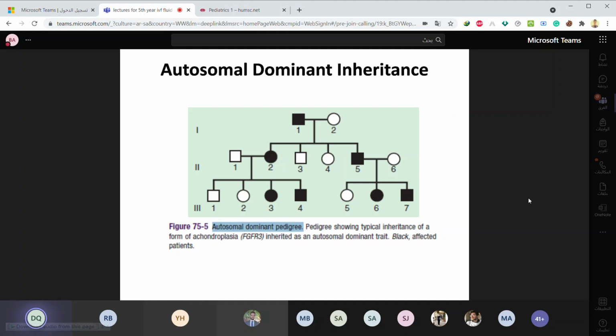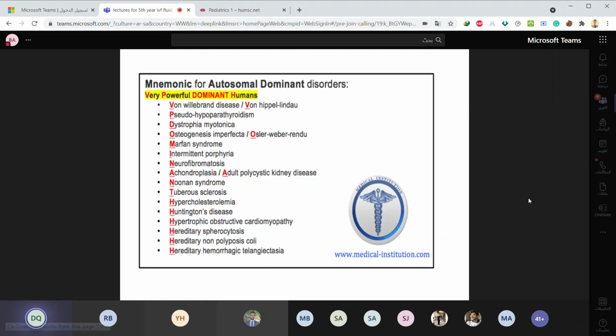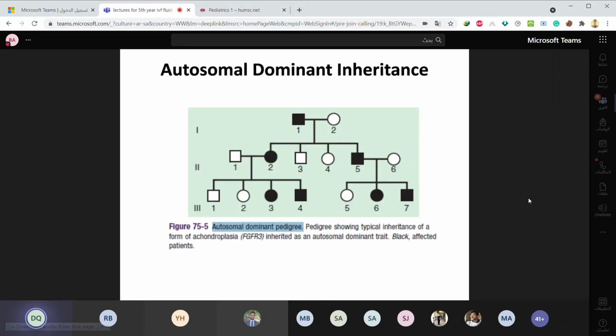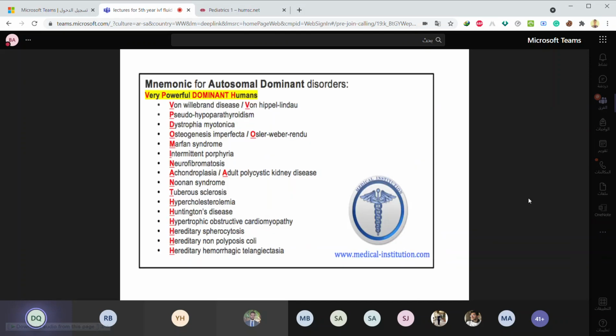And we can see that it's transmitted between male and female, not only through females like X-linked.